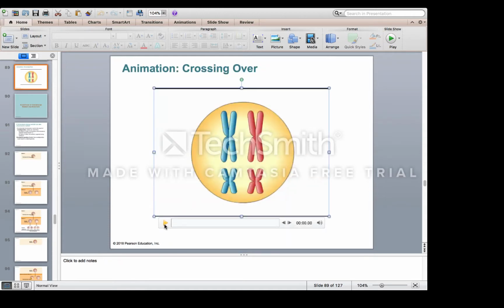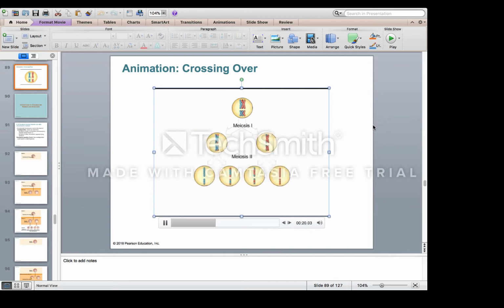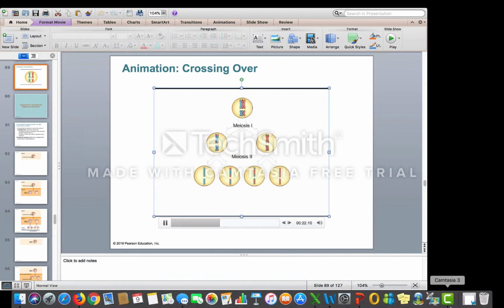All right, here's another good animation. During prophase 1 of meiosis, homologous chromosomes pair up very closely, and corresponding parts of two non-sister chromatids may trade places. This process of crossing over creates variation by producing chromosomes that combine the genes inherited from two parents. Here the process produced a total of four genetically different gametes.